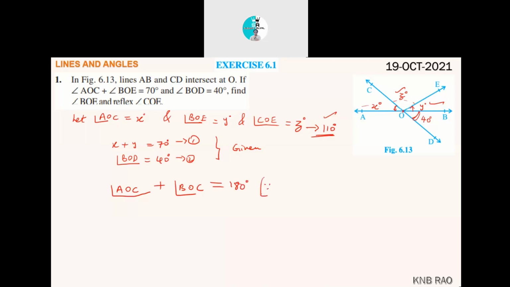See, children, this is the first step that has to come. Angle AOC plus angle BOC is equal to 180 degrees. Reason: OC ray stands on line AB.